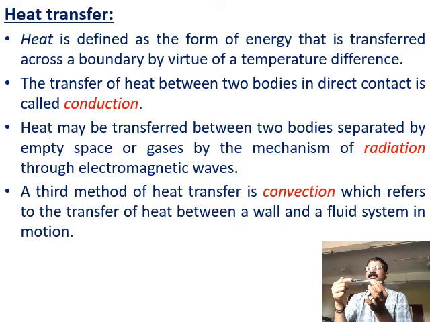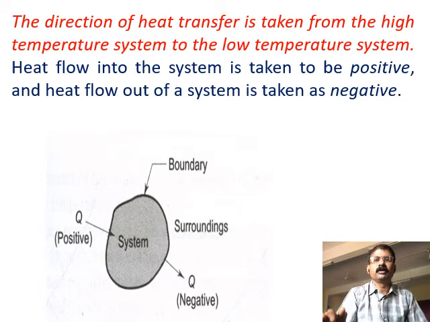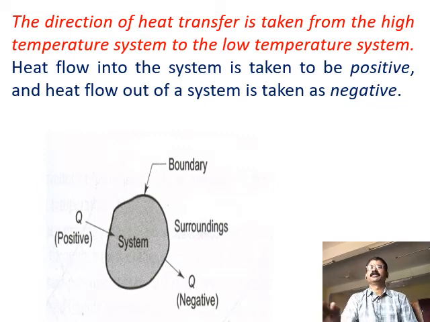So this heat transfer, because of the movement of the molecules or the fluid in motion, is called convection. Okay, now coming to the sign convention, the direction of heat transfer is taken from the high temperature system to the low temperature system. So that all of you know. Heat transfer always takes place in the direction of the temperature gradient, that is from high temperature to low temperature.